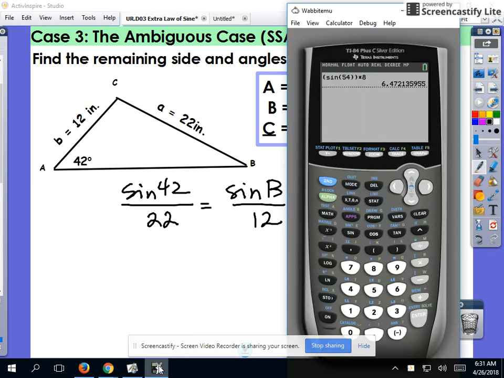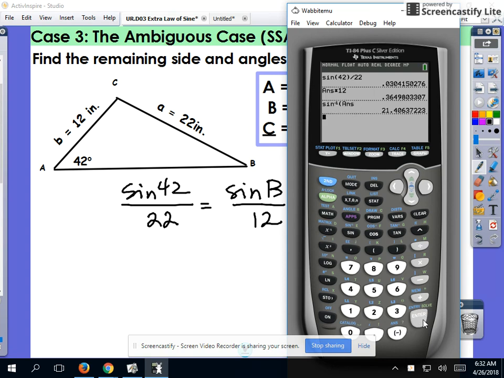Okay, with my calculator, I'm going to help you out now that you've tried it all out. So it should have been 12 times, actually, let's go ahead and just find out what the sine of 42 divided by 22 is. Okay, multiply by 12. And then do arc sine of our answer.